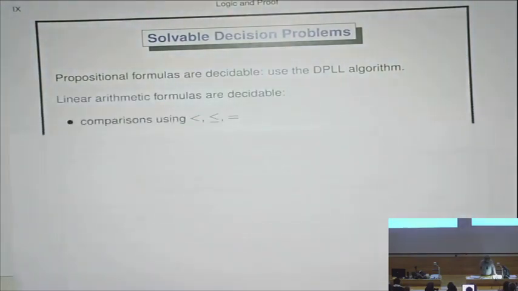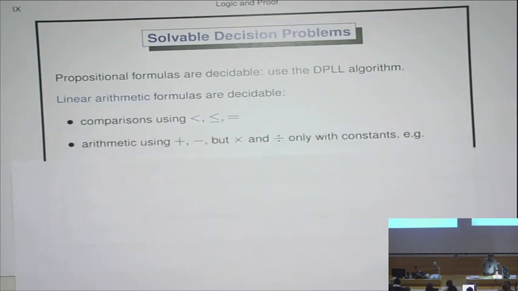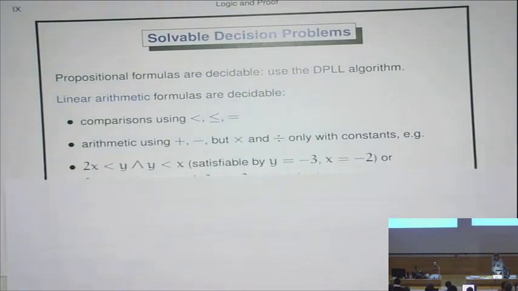The other thing which helps us a lot is so-called linear arithmetic. What we mean by linear arithmetic is we are banning multiplication and division. Or to be more precise, we have the relations, we have addition and subtraction. If you do multiply and divide, you can only divide or multiply by a constant.